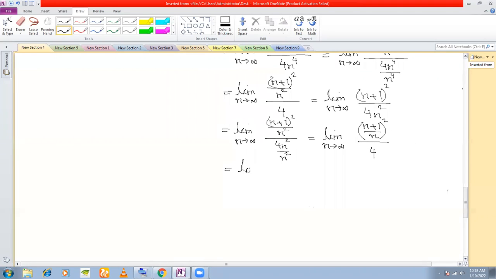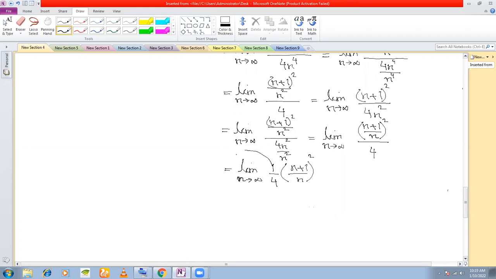which is equal to limit. Now if you remember, this is a product with 1/4, right? Let's write this as limit n tends to infinity 1/4 of ((n plus 1) divided by n) square.